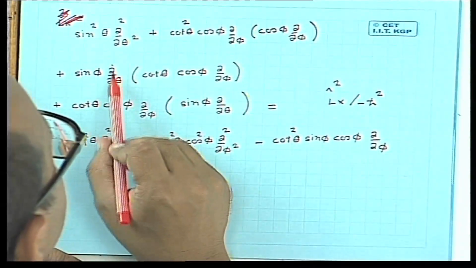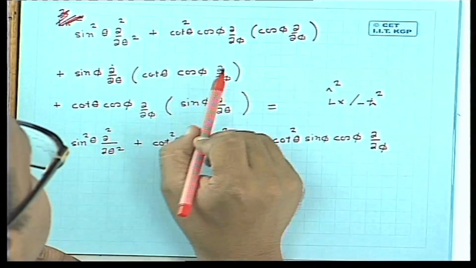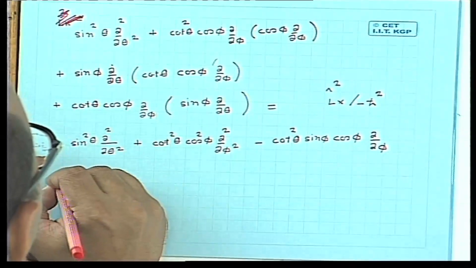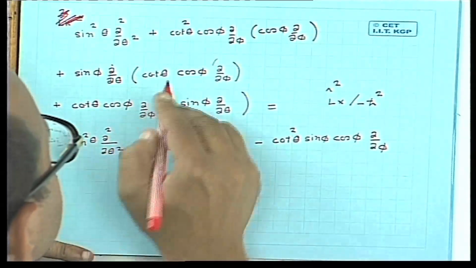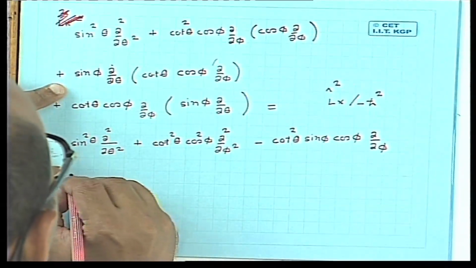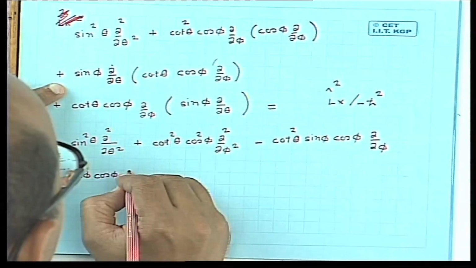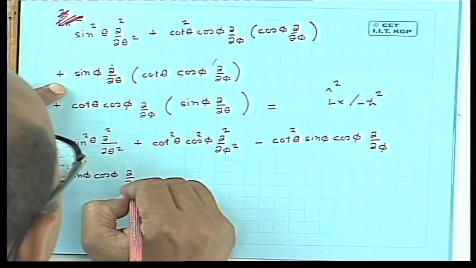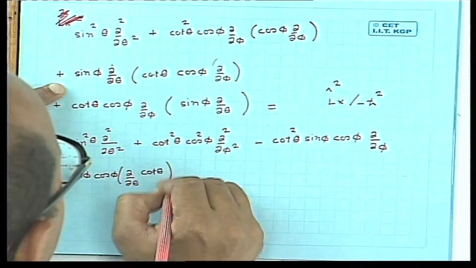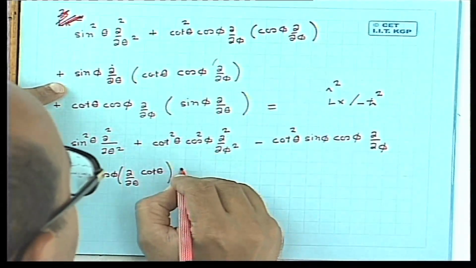Then we have another term over here. So here del by del theta can act on cot theta, and it can come over here also. So let us write that. The cos phi can be taken outside. So we have sin phi cos phi del by del theta of cot theta, this is one thing over here, and then we have del by del phi.